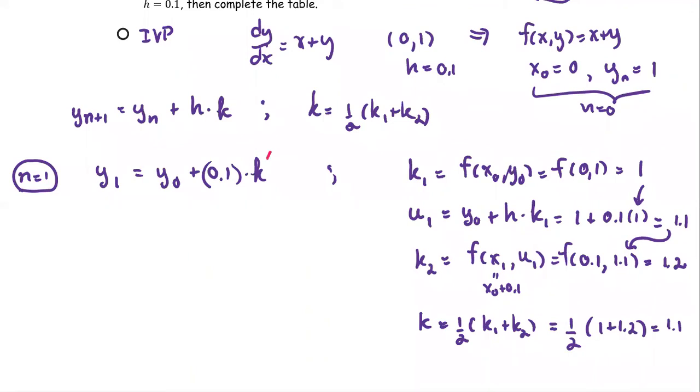Now we know that k equals 1.1. We obtain y1 equals y0, which is 1, plus 0.1 multiplied by 1.1, to obtain y1 equals 1.11, and this is the approximation of the solution at x equals 0.1.